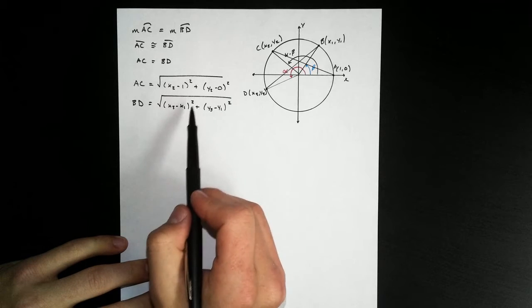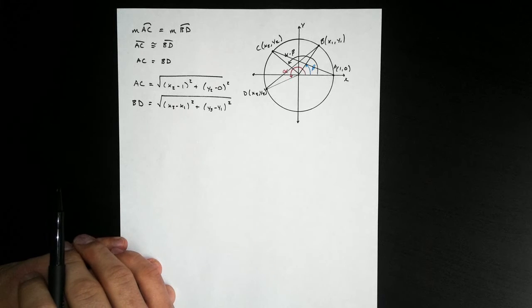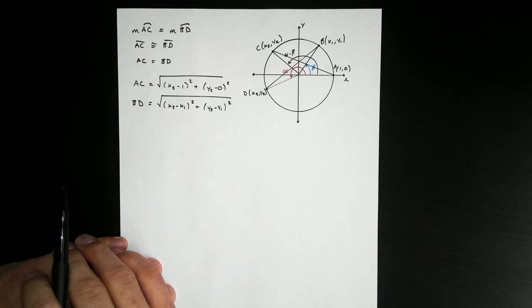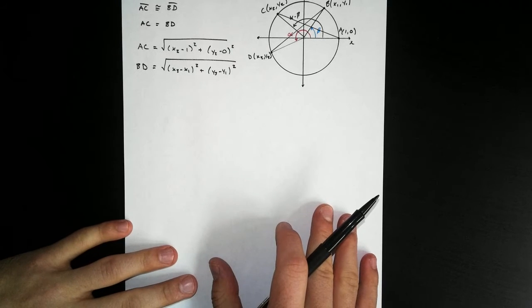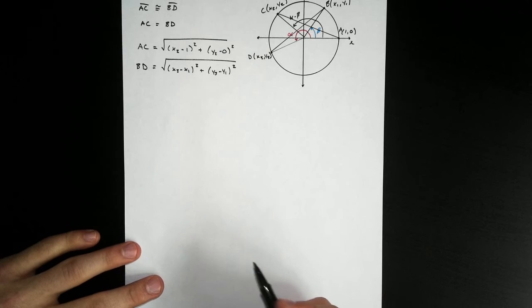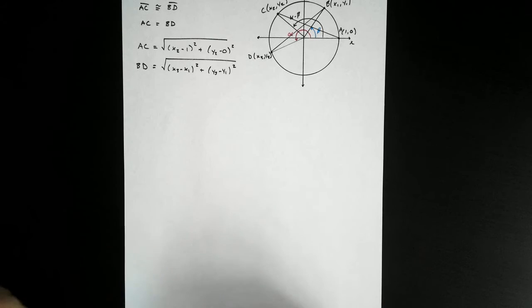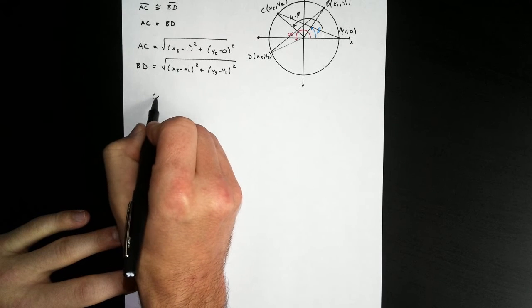So I'm going to take these two expressions, my two roots here, that represent the distance of both of those chords. I'm going to set them equal to each other, and I'm going to do a little bit of simplifying, a little bit of rearranging, and hopefully end up with something that we can use to describe the cosine of this angle alpha minus beta. So setting these equal to each other.